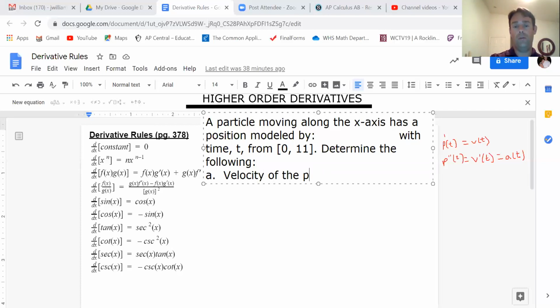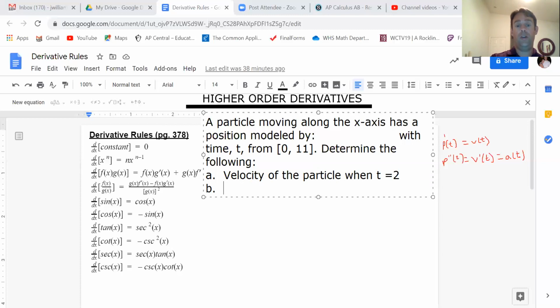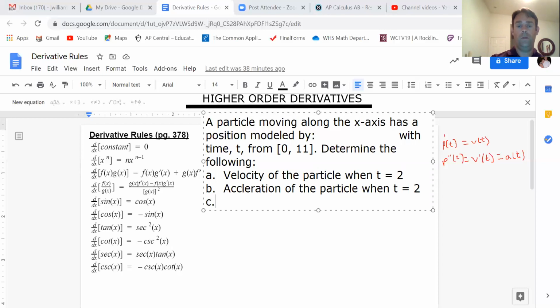Velocity of the particle when t equals 2. Acceleration of the particle at t equals 2. Speed of the particle when t equals 2.